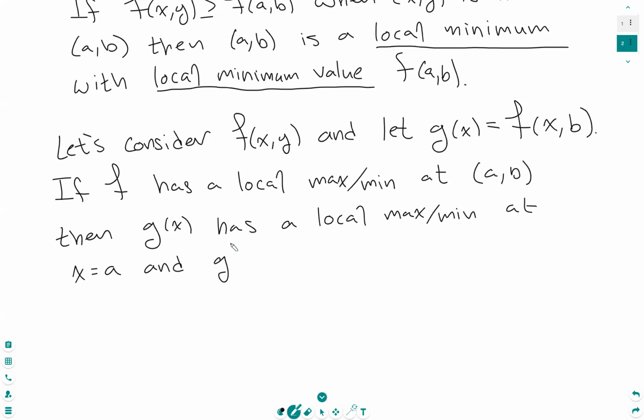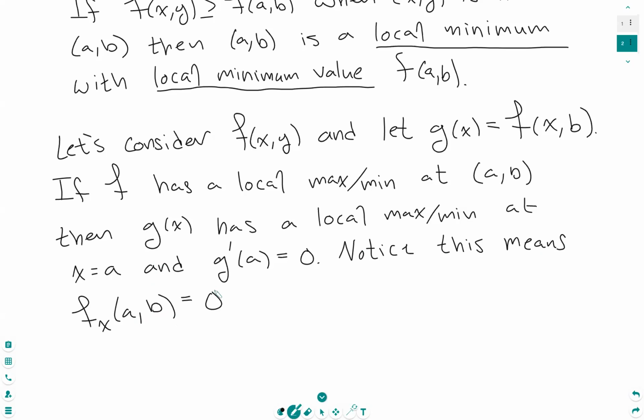And we know from Calc 1 that the derivative of g at that point a is equal to 0. So notice this means that the partial x derivative at (a, b) is equal to 0.